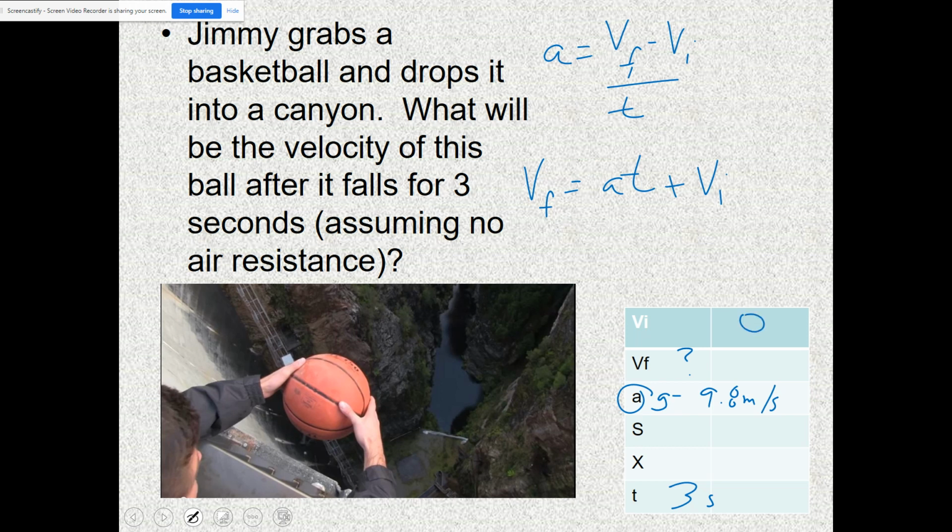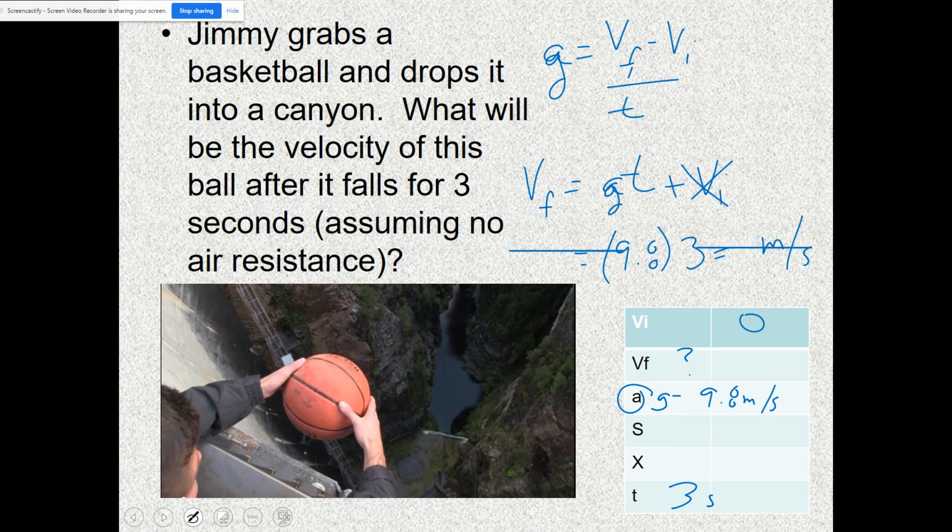And so really, in fact, we could change this a into a g because I know it's falling due to the acceleration due to gravity. So really, this part goes away. And all we have for final velocity is 9.8 times 3. And you see that the acceleration due to gravity is meters per second squared. And time is in seconds. So my units for this is going to end up being meters per second.